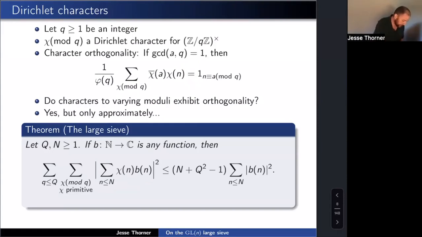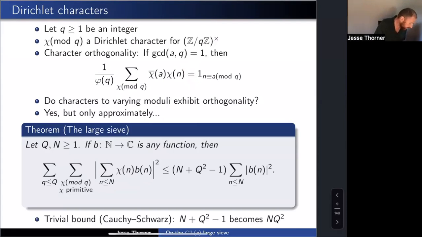Now, just so that we have a sense of how strong this is, the Cauchy-Schwarz inequality would have us replace N plus Q squared with N times Q squared. So this is a pretty massive win. And a few notes about it. The restriction to chi primitive is actually quite important.